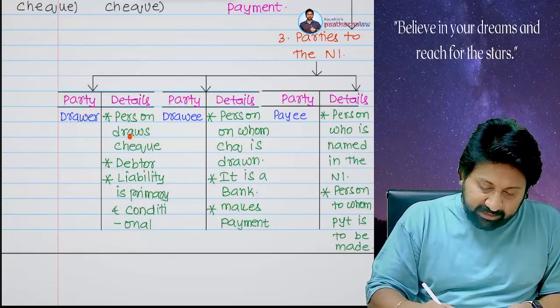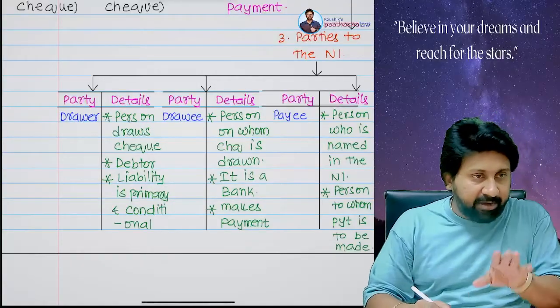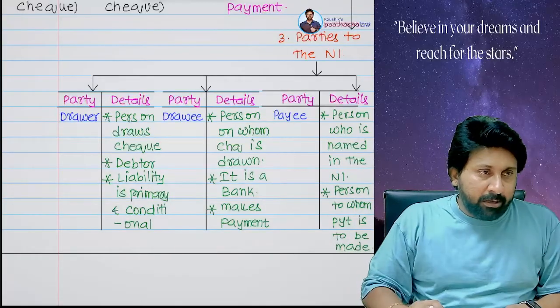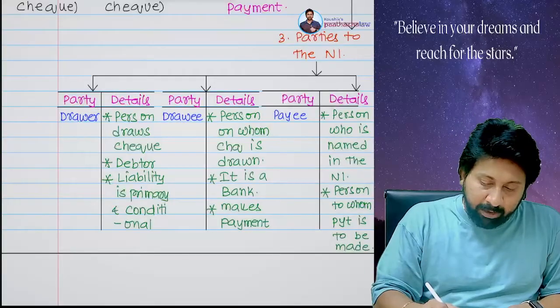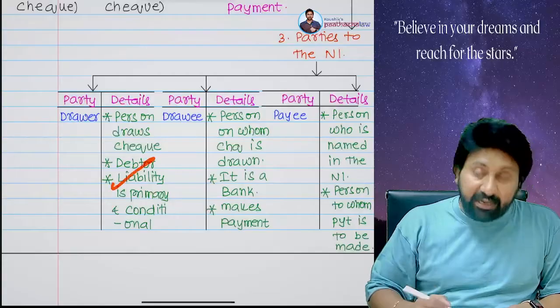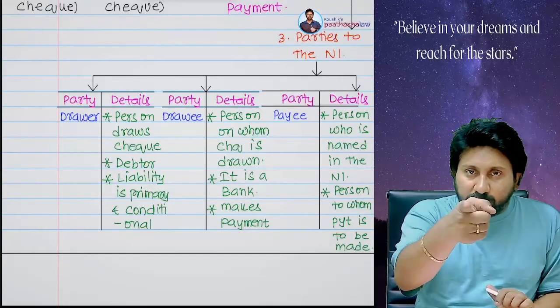Drawer: the person who draws the check. In a check, I am talking about parties to the negotiable instrument called a check. To the check there are three parties. First party, drawer. Who is this fellow? The person who draws the check. He is a debtor. He has a liability which is a primary liability. Primary liability means I purchased goods from you on credit.